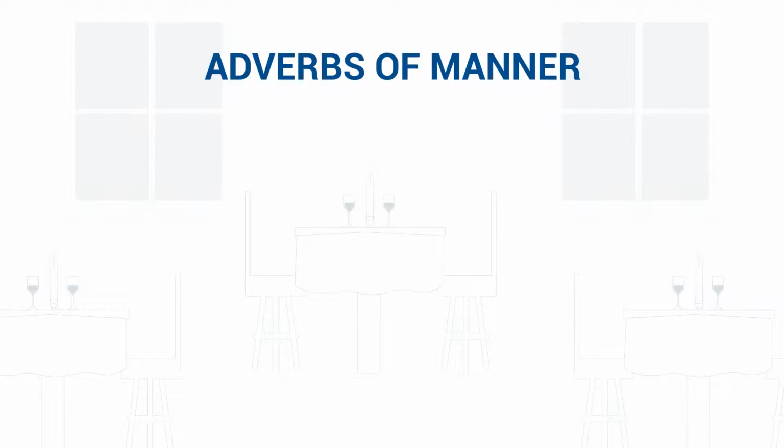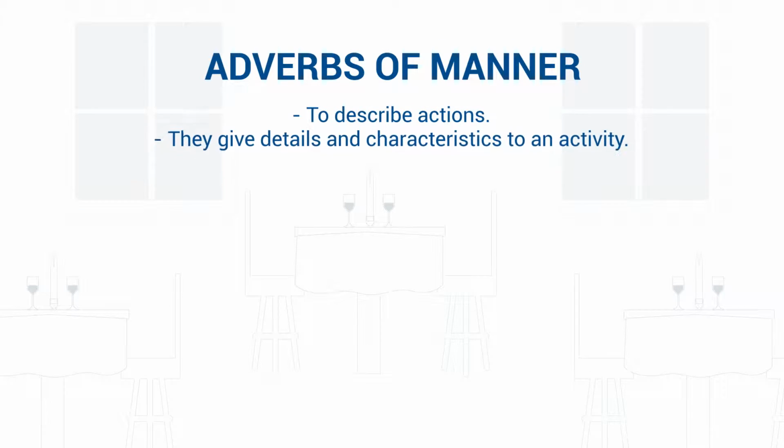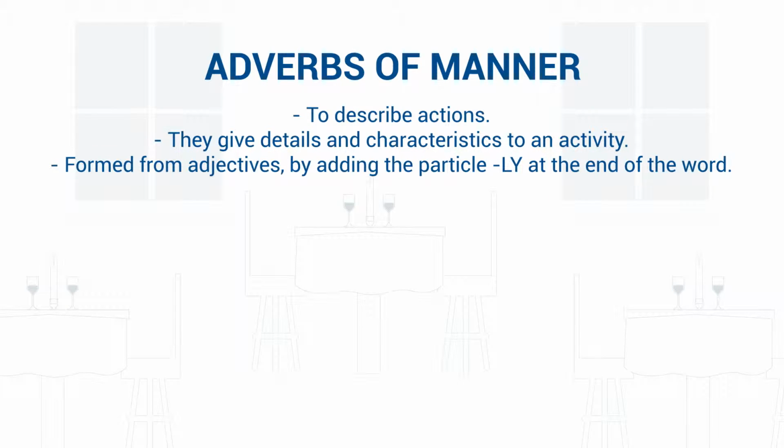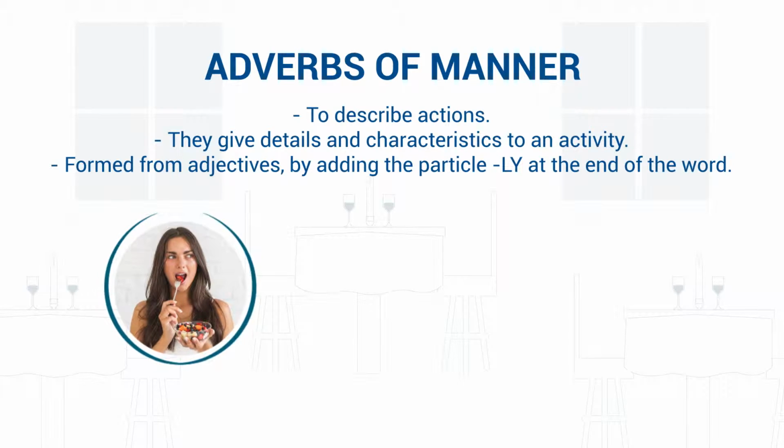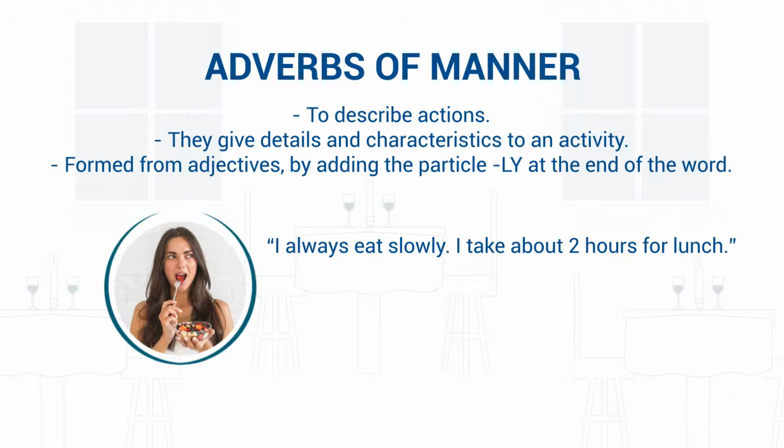Adverbs of manner. Adverbs of manner are words that we use to describe actions. They give details and characteristics to an activity. In general, they are formed from adjectives by adding the ending ly. For example, I always eat slowly. I take about 2 hours for this lunch.